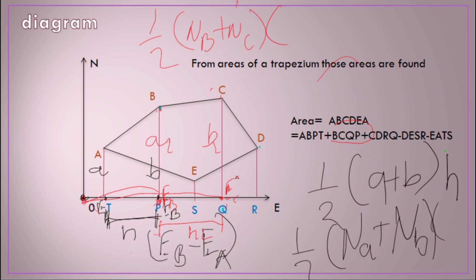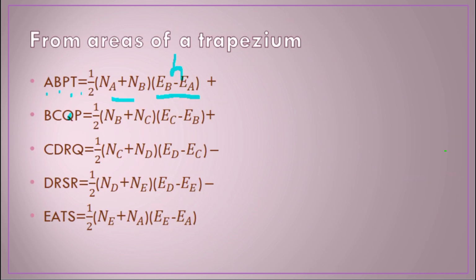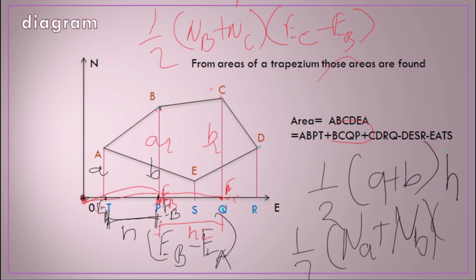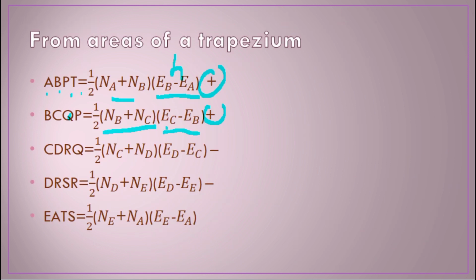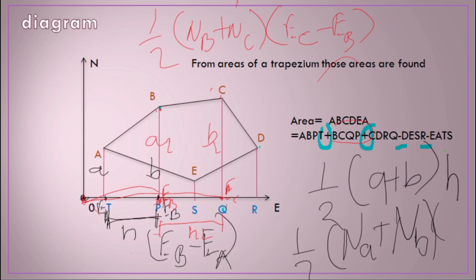So we have the easting of C minus the easting of B, giving me H. So this is a half, northing B plus northing C, multiplied by easting C minus easting B. These are just the representations I have written there for you in order for you to remember.